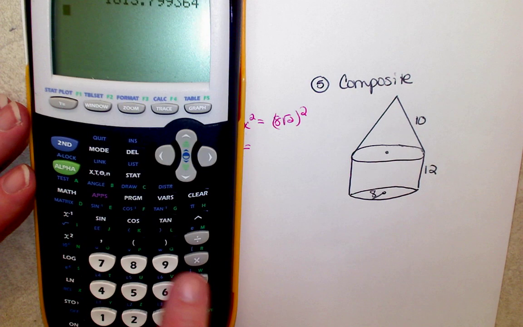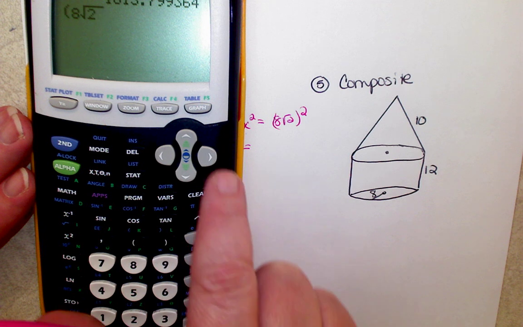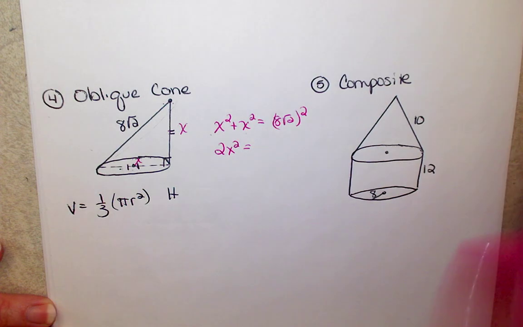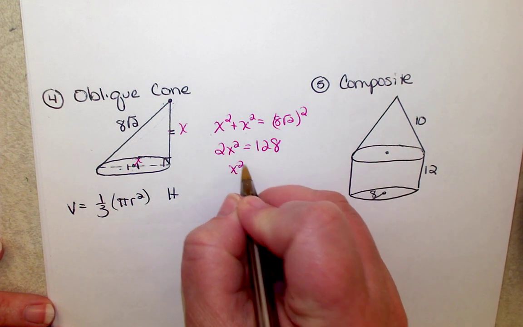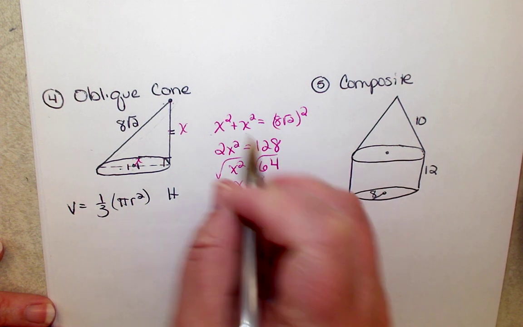Let's just double check. So I'm going to do 8 times the square root of 2, square that, and we do get 128. All right, 128 divided by 2 will give us 64, and then taking the square root, we get x equals 8.